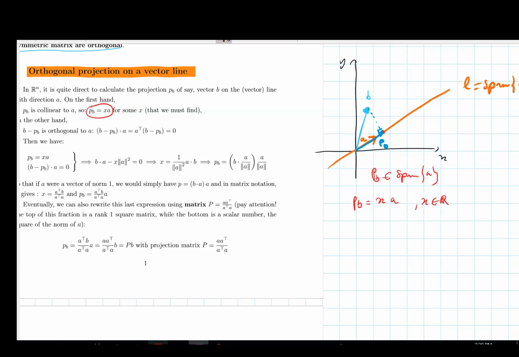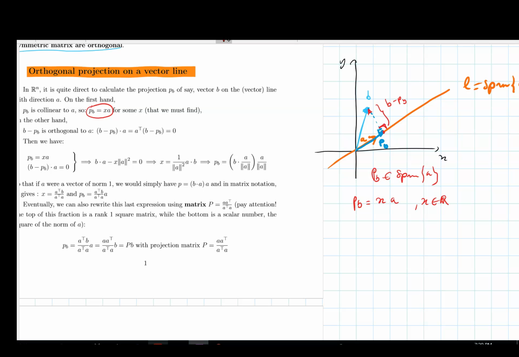On the other hand, I know that this is going to be a right angle. And that vector here, it's B minus PB. Why? Just by Chasles' theorem. The sum of PB plus B minus PB goes to B, depending on what direction I take it.